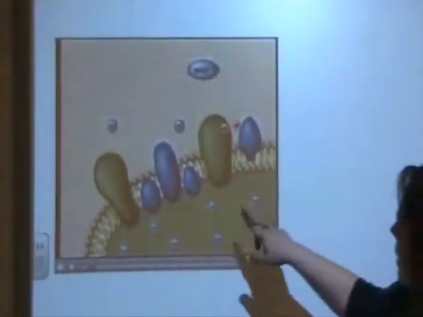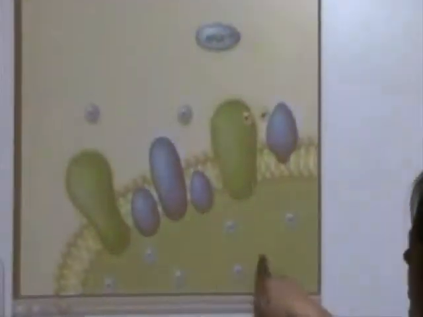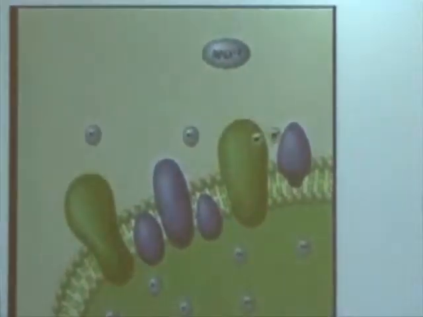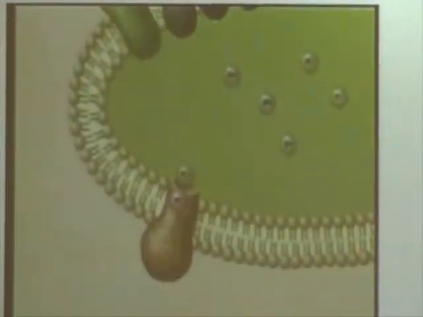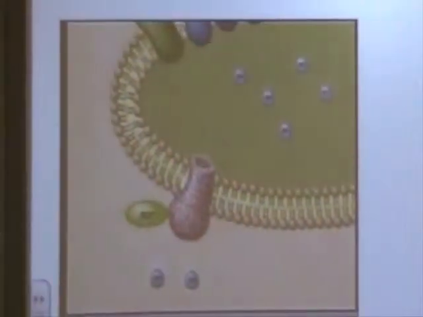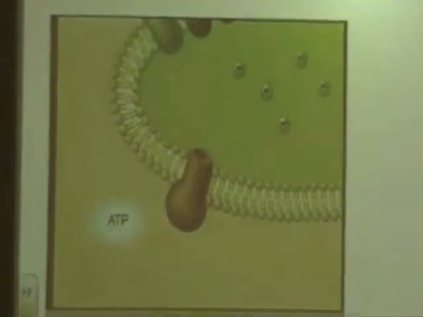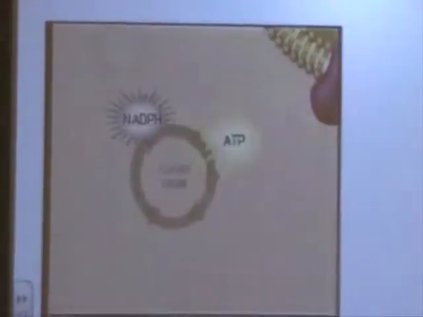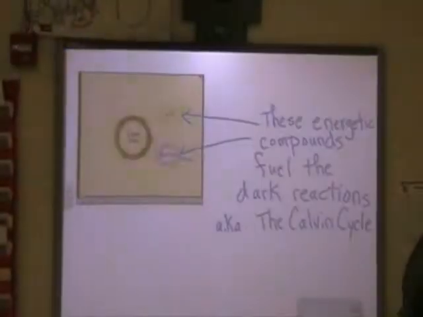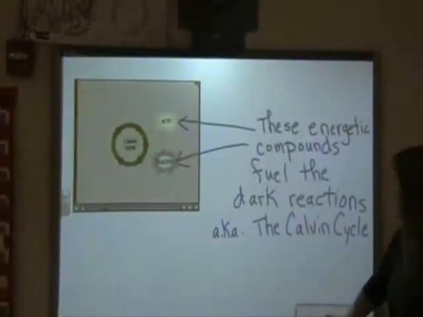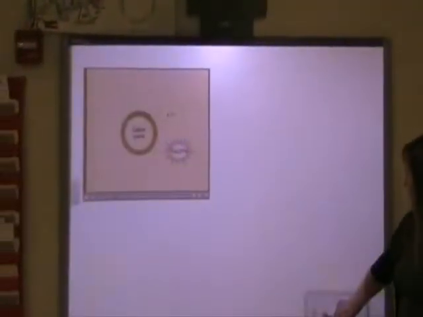So we have the light reactions we've already covered, and during the light reactions, molecular oxygen is released, hydrogen builds up, NADP is energized, and ADP is energized to become ATP. Both of those molecules will meet in the Calvin cycle, and they provide all of the energy for the Calvin cycle. Some people do call them dark reactions.